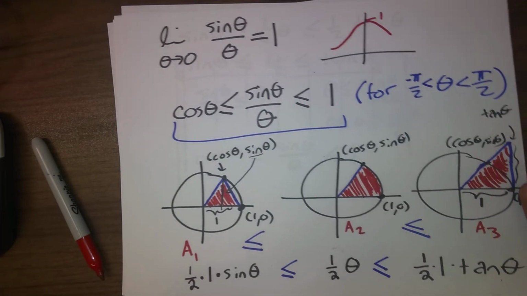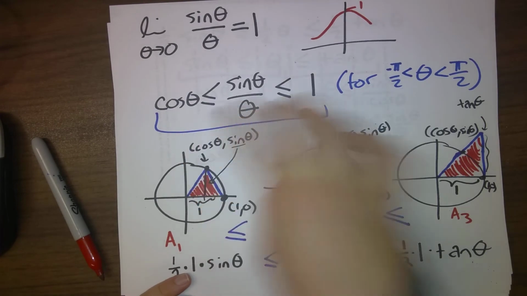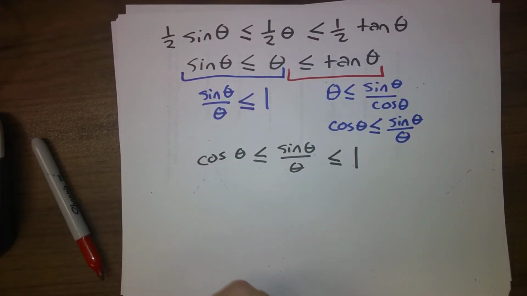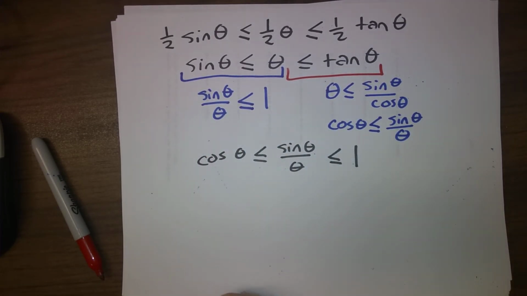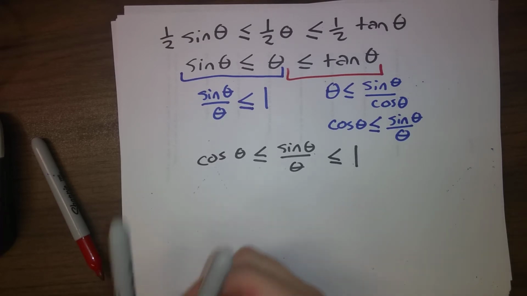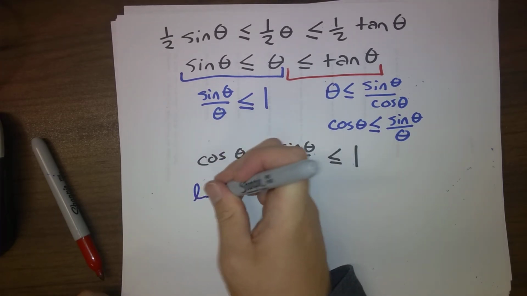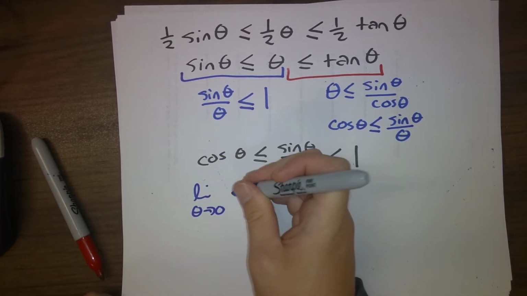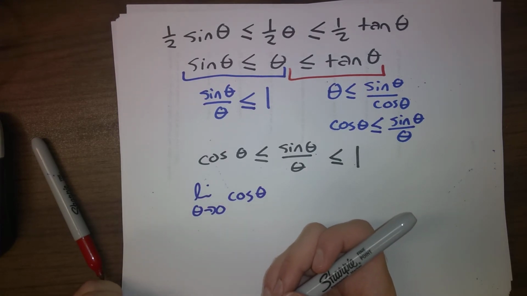So now our final step to put all the pieces together. So we have this pair of inequalities, and this is valid for an interval of theta around theta equal to 0. So to finish this off, all we have to say is the limit as theta goes to 0 of cosine theta. We can do this one by continuity. We know cosine is continuous.